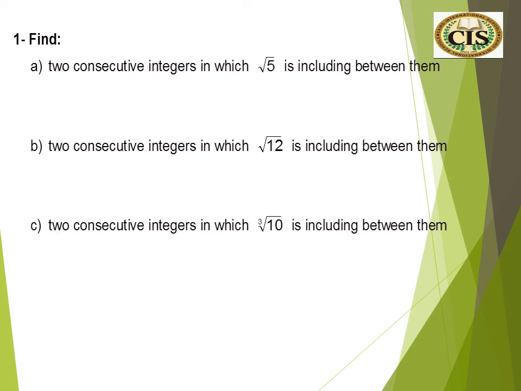Example: find the two consecutive integers between which root 5 lies. Using a calculator, we know root 5 is approximately 2.23. So we take the integer 2, and the integer greater than 2 is 3.